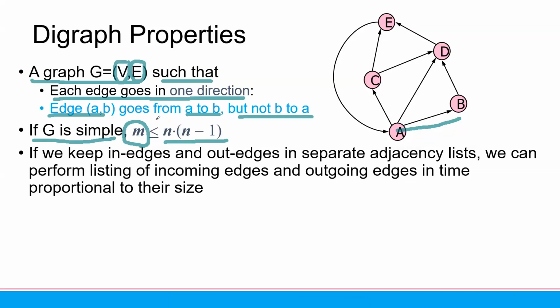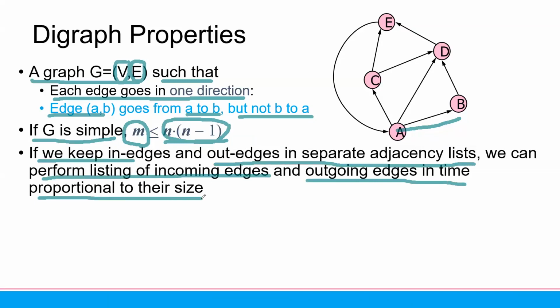If you still remember the graph properties, in the graph properties, we also bound the number of edges according to the number of vertices. So these are the properties for the directed graph. If we keep in-edges and out-edges in separate adjacency lists, we can perform listing of incoming edges and outgoing edges in time proportional to their size.